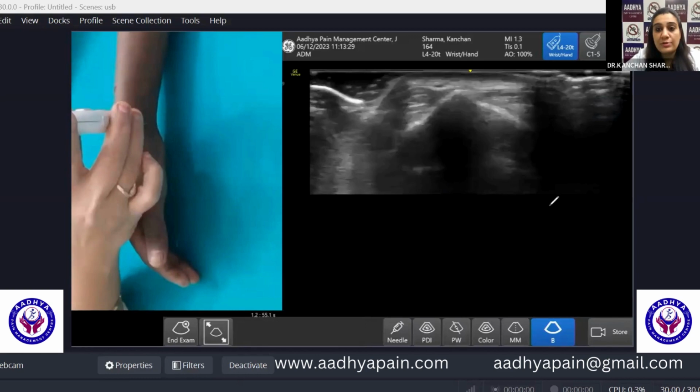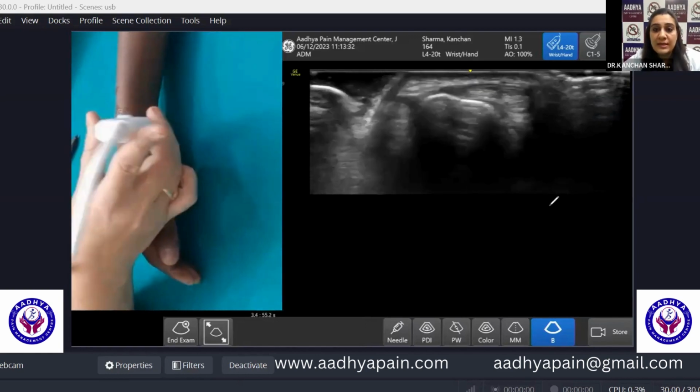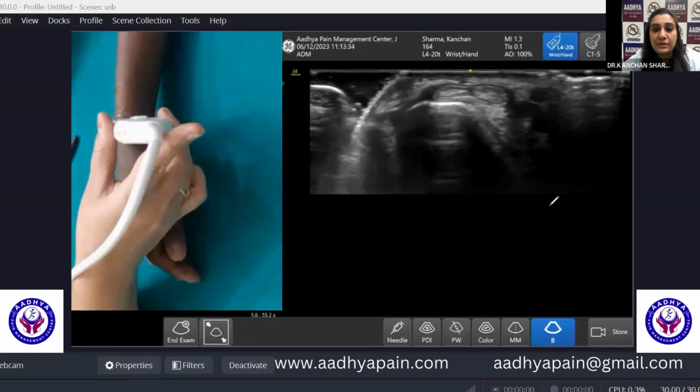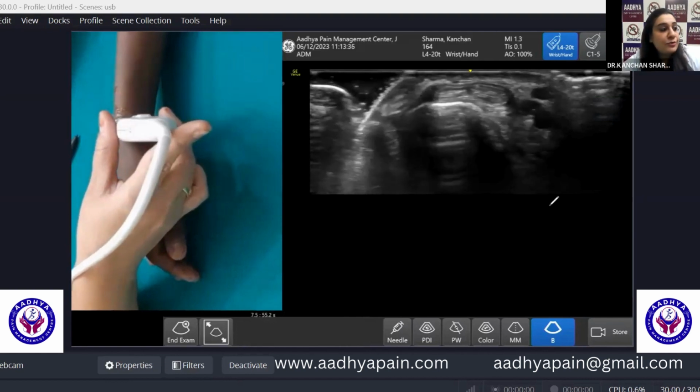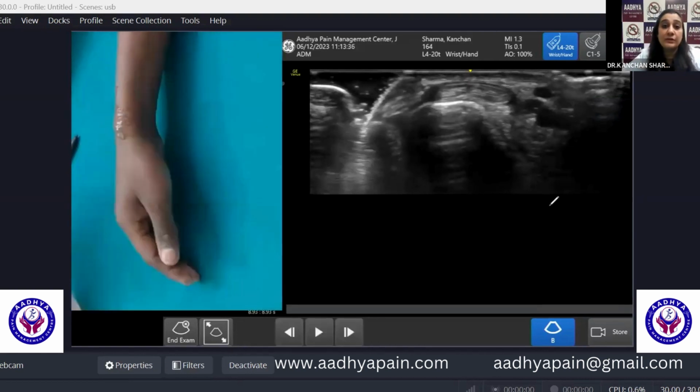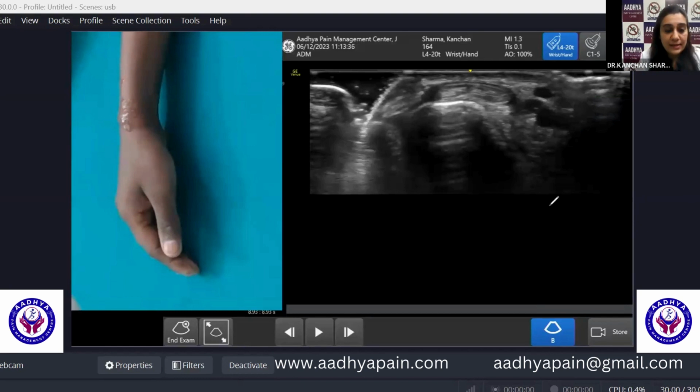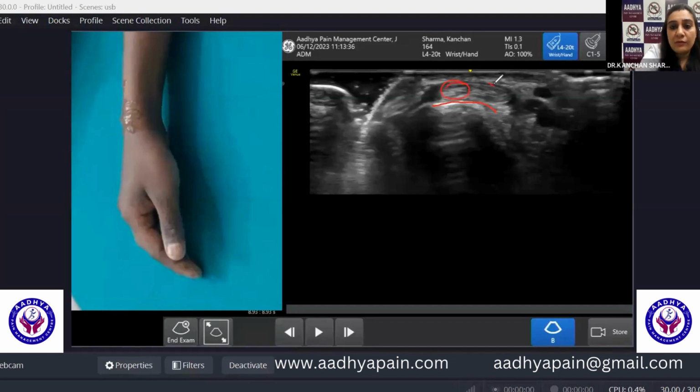In that condition also, you will be able to see the tendons of the first compartment in the short axis. And do remember what we have learned about the tendons: in short axis, they will be hyperechoic, clustered, dot-like in appearance. So again, the same thing which we have seen when we followed from the Lister tubercle, identifying the second compartment and then going to the first compartment. But here we have changed the position of the forearm.